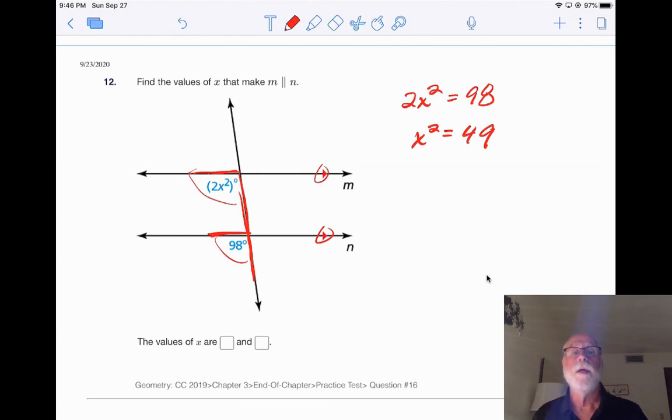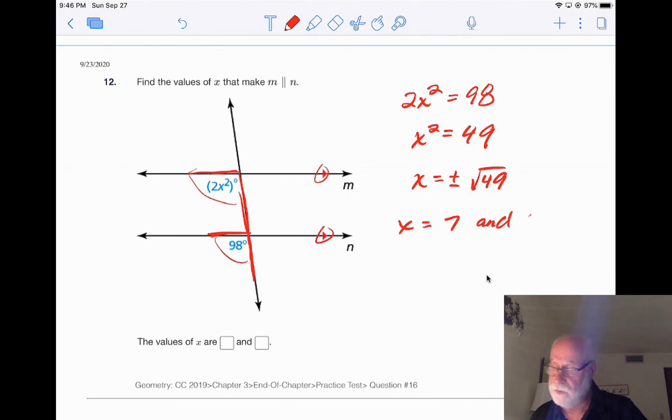Now remember, to undo a square, you square root it. When we square root, we'll put a plus or minus in front. So I'll have plus or minus the square root of 49. And if we plug that in, we'll see that x is equal to 7 and x is equal to negative 7.